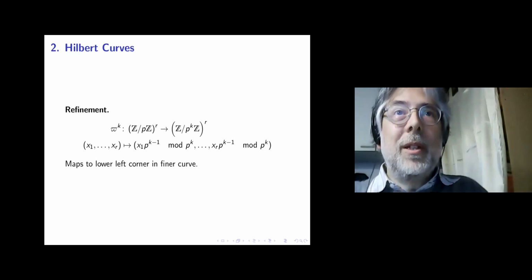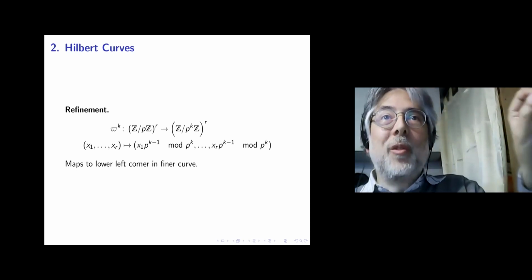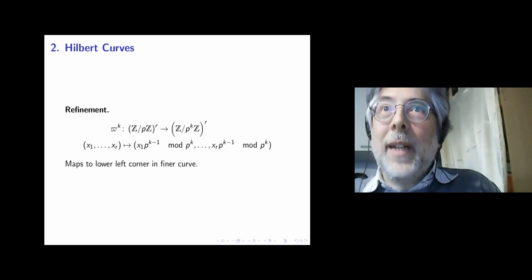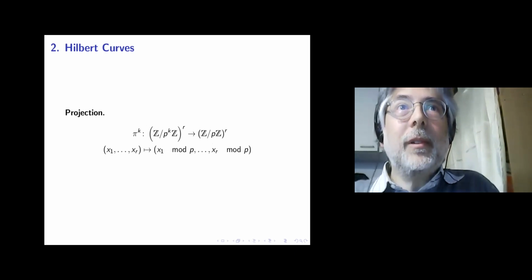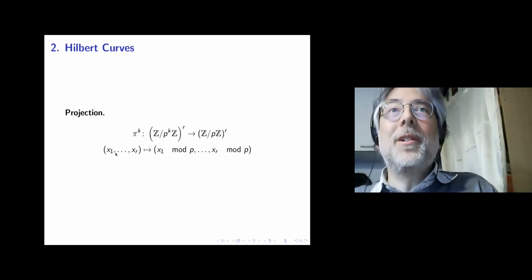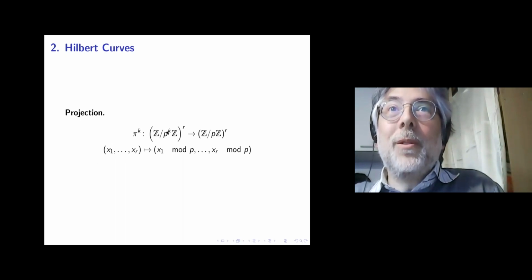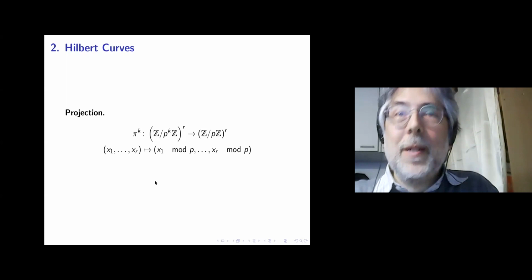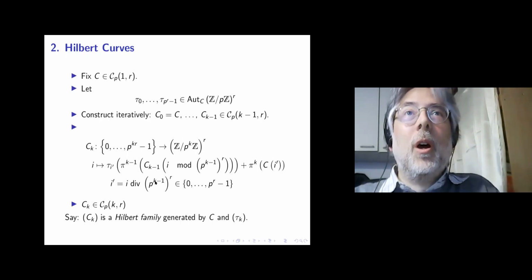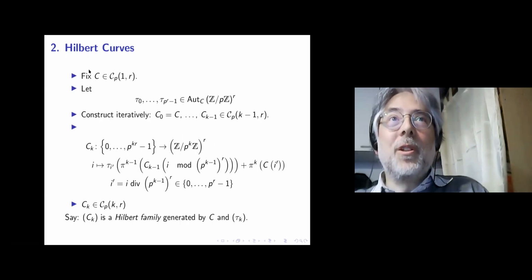So you map each point to the lower left corner in the higher levels. And you have a projection operator. Just take what you have modulo p to the k, make it modulo p.